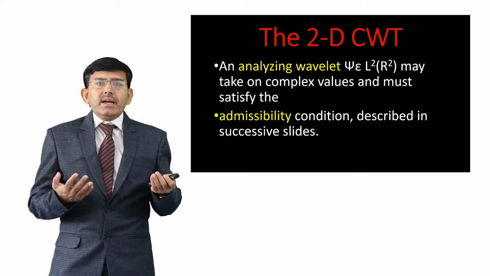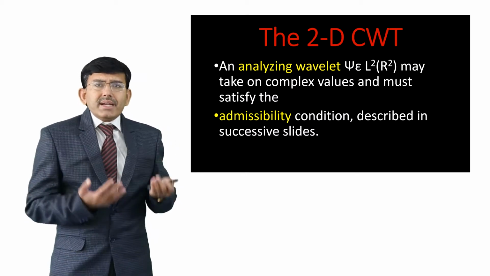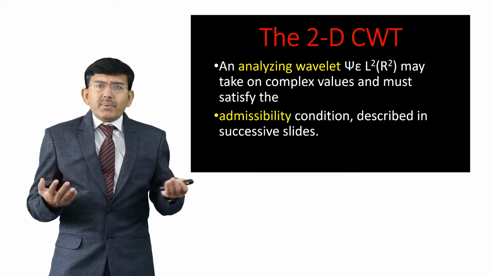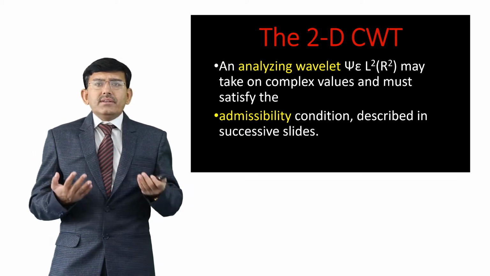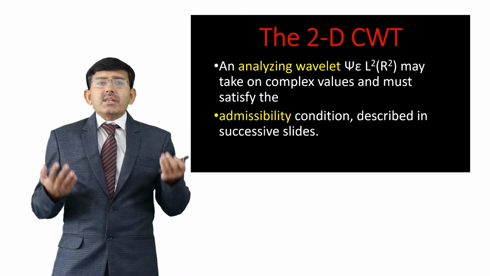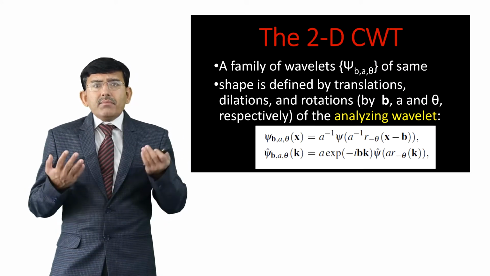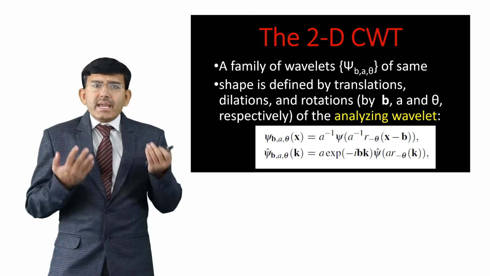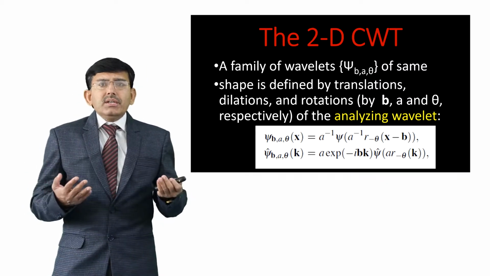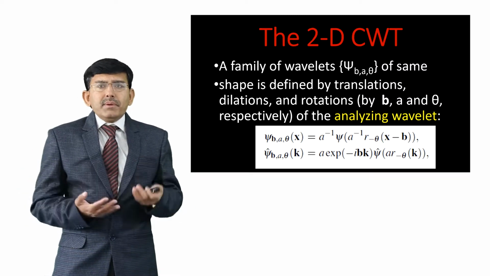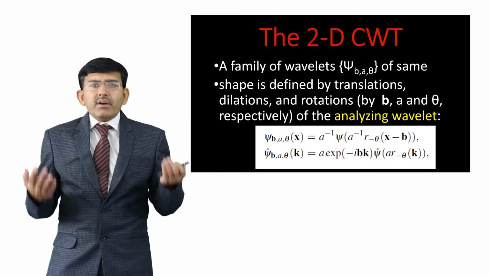The analyzing wavelet ψ ∈ L²(R²) may take on complex values and must satisfy the admissibility condition described in a successive slide. A family of wavelets ψ_baθ of the same shape is defined by translation, dilation and rotation by b, a and θ respectively of the analyzing wavelet.